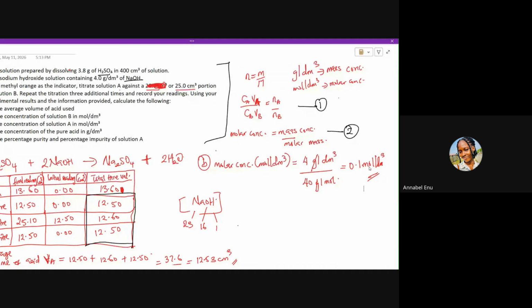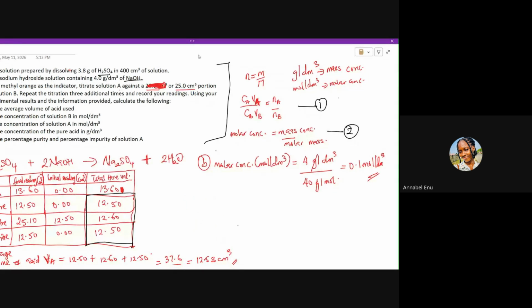We can safely say we use formula 1 when we have one of the concentrations in mole per dm cube, and we use formula 2 when we have the concentration of that particular reagent in gram per dm cube. So since we already have concentration of base to be 0.1, we can use formula 1 to find our concentration of acid.